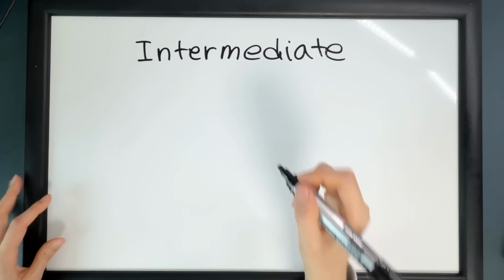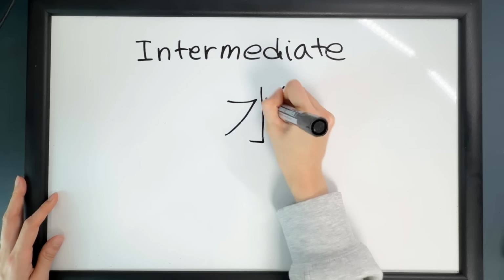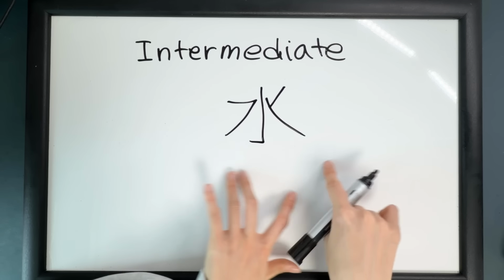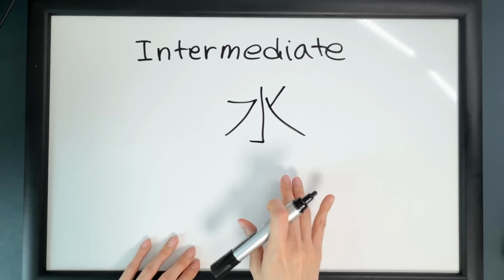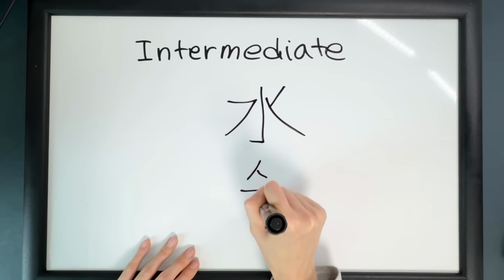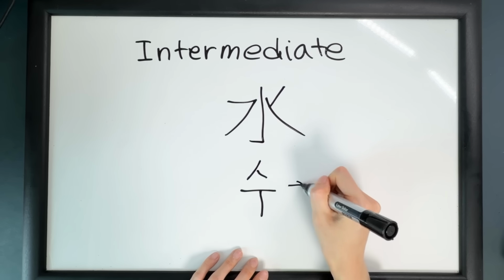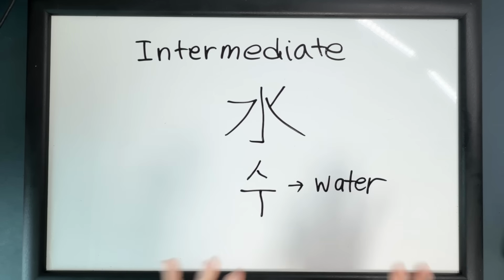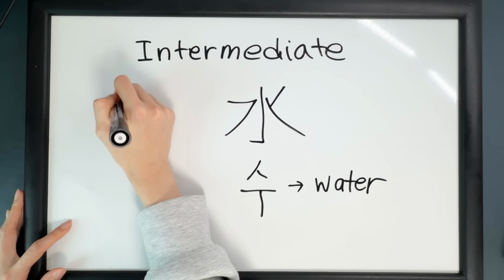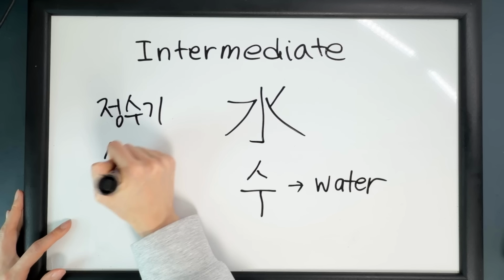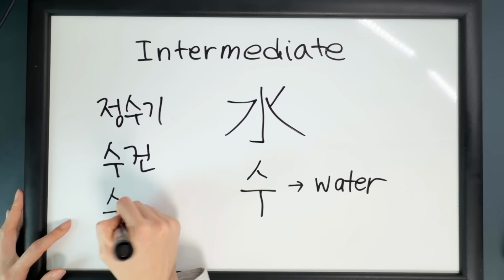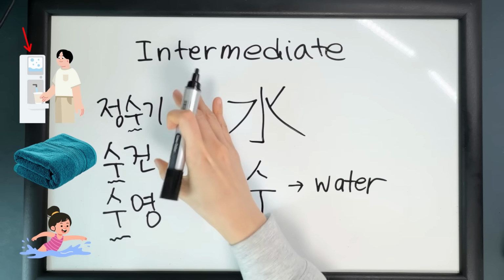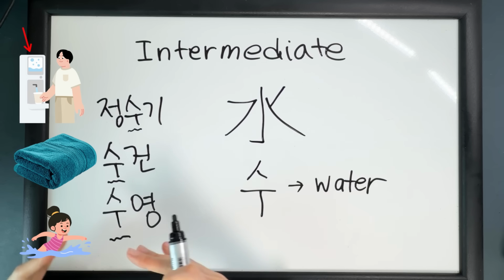So for example, this Chinese character means water, but you don't have to be able to write it perfectly. But knowing that this Hanja is read as 수 in Korean and that it means water, that alone is enough. And this way, it'll be much easier to process words like 정수기, 수건, and 수영. They have something to do with water, so it'll be much easier for you to memorize them.